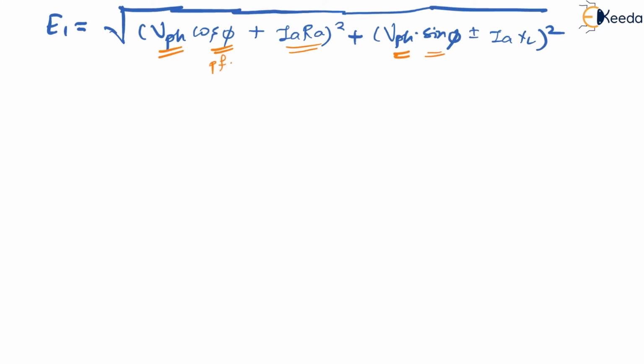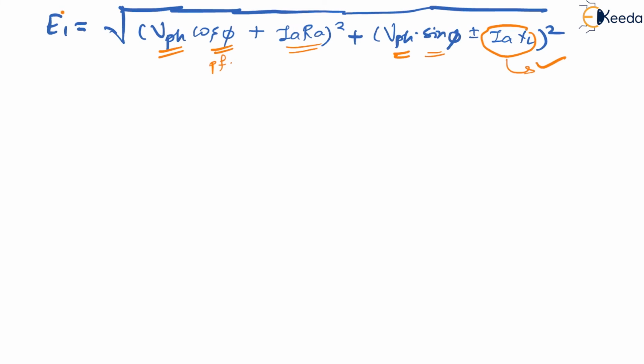Similarly, V phase sin phi we also know. IAXL was unknown, but right now from the ZPF test we have got this value also. So IAXL is also known now. So basically you have got this E1, correct? E1 value we have already got.